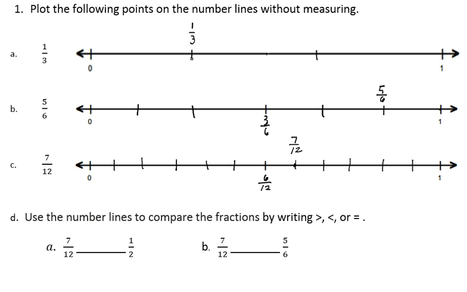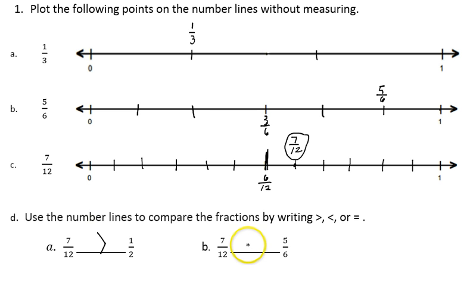Now to compare my fractions, I'm going to use the greater than, less than, or equal to sign. And in the comparison, we're just showing which fraction is farthest from 0. So if I look at 7/12 and 1/2, well, here's my 7/12, and here's my 1/2 point. 7/12 is greater than 1/2 because it's farther away from 0 than the 1/2 point is.